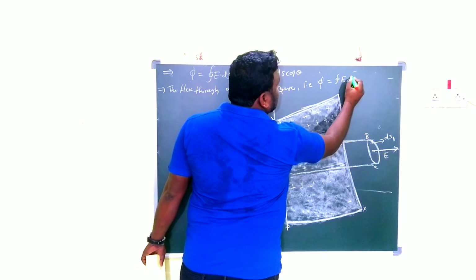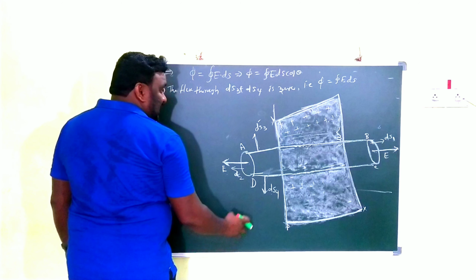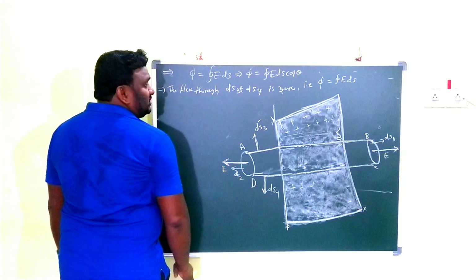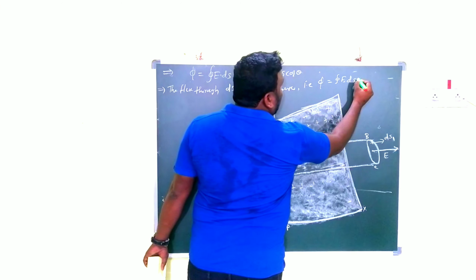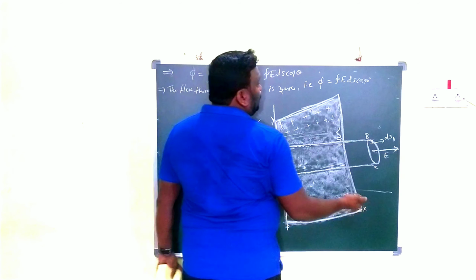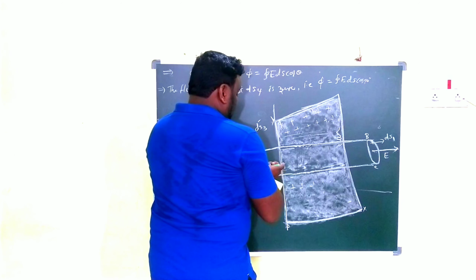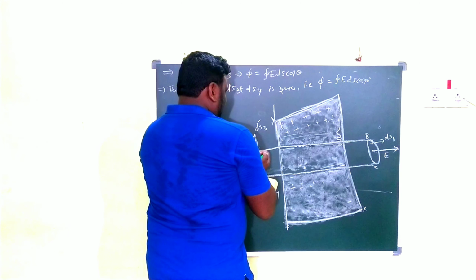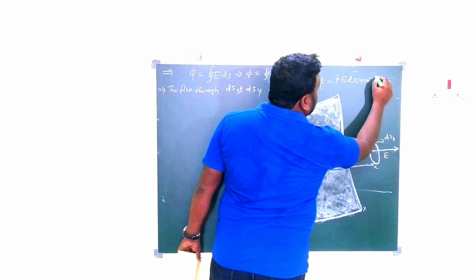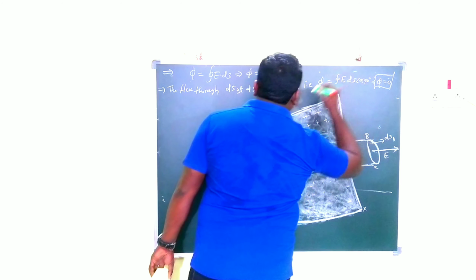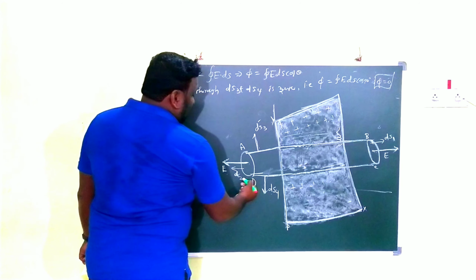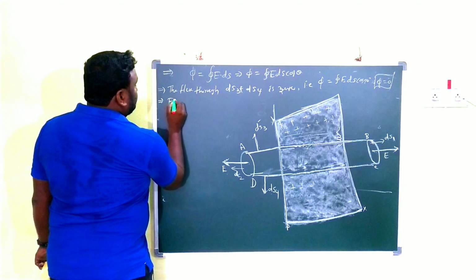What is the angle between ds3 and E? 90 degrees. And what is the angle between E and ds4? 90 degrees. So what is the value of cos 90? 0. That's why the flux through ds3 and ds4 is 0. This is the first important point here. Clear?